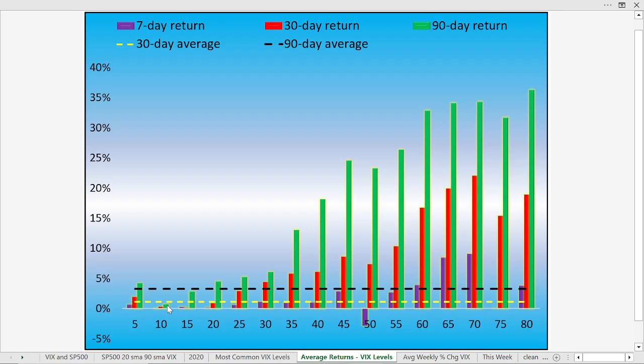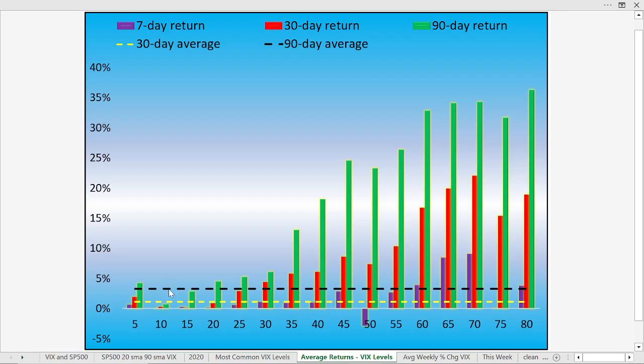If we were to close our eyes and buy the stock market at any random time, over the next 30 days, statistically speaking, the data suggests that we have about a 1.1% return on our investment. Meaning if you buy the S&P 500 at any random time, you make on average about 1% over the next 30 days.